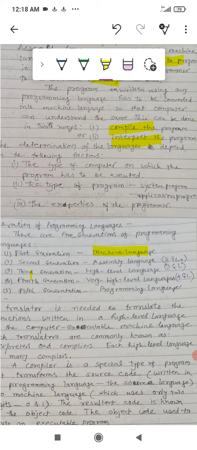Second generation, these time the languages are assembly languages that are easier than machine language to understand for the programmer or user. Third generation using high level languages, and fourth generation very high level languages, and in fifth generation programming languages are there.